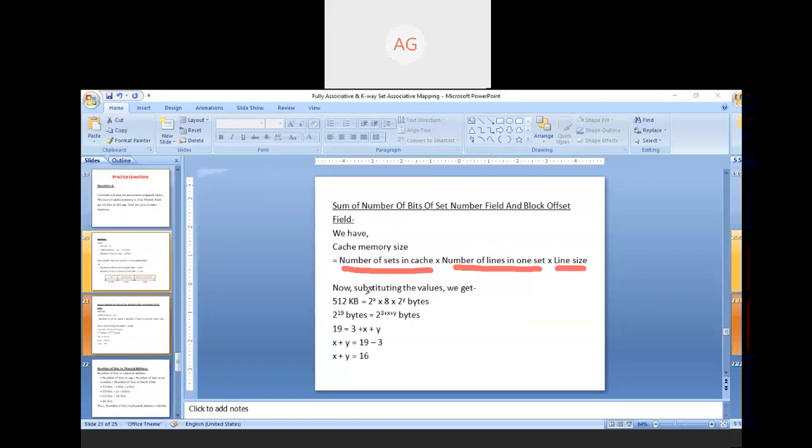Now we are going to substitute these values, as we are already given the cache memory size, which is 512 KB, and the number of sets in the cache is 2 to the power x, and the number of lines in one set is 8, as it is 8-way set associative mapping, and the line size is 2 to the power y bytes.